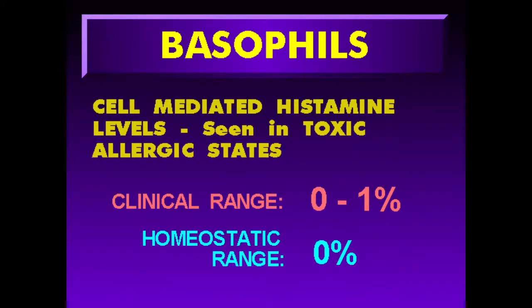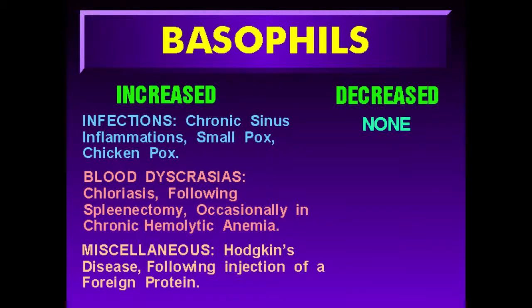Basophils reveal the potential for cell-mediated histamine levels and associated toxic allergic states. A pathological increased basophil count may be seen in infections such as a chronic sinus inflammation, smallpox, and chickenpox.